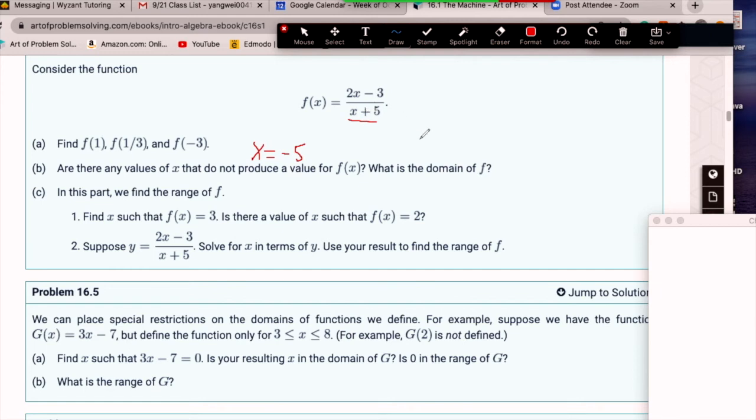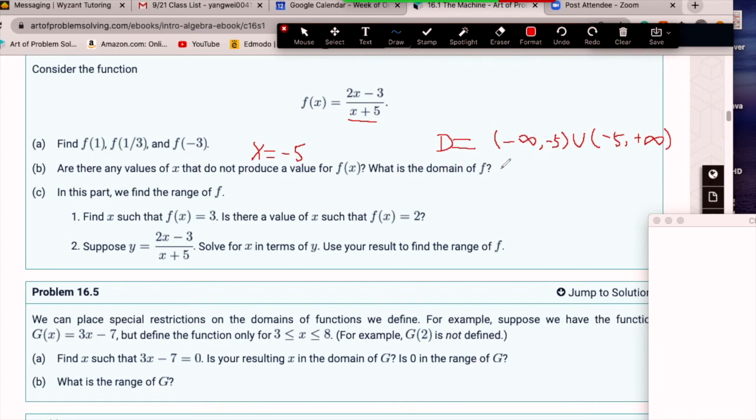Then that means the domain of this function is all other numbers except negative 5. We can write it like this, using this set united with this set. So that means in the real numbers, just take away the negative 5.